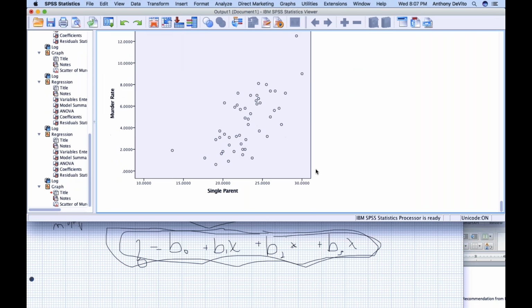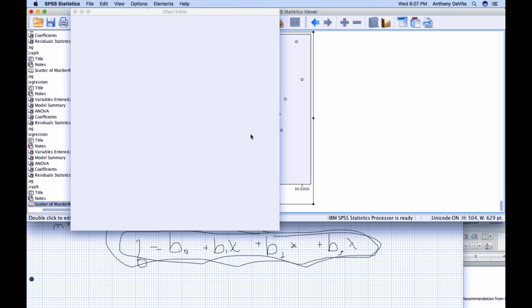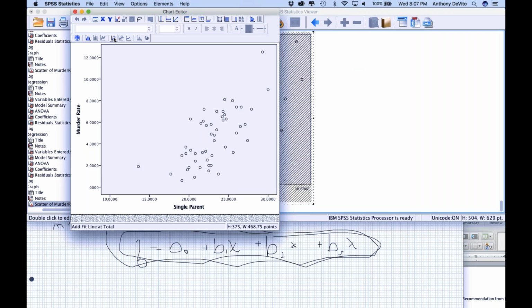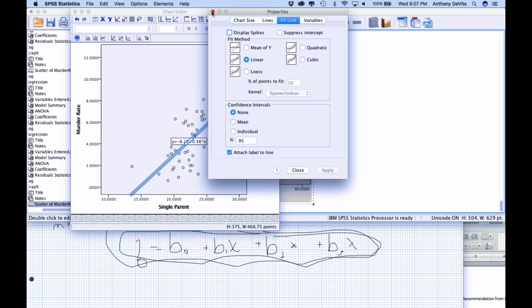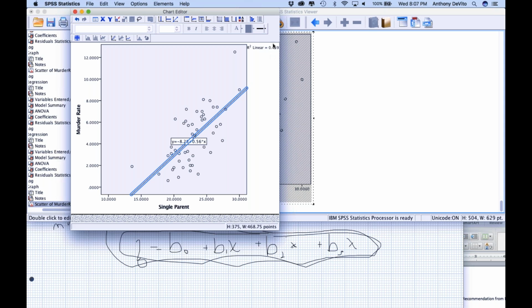Well, wow, that looks like a lot better association than the ones that we saw before, we can actually see a much stronger correlation here, can't we? Okay, even graphically, even just looking at it graphically. And a large percentage of the variability in the murder rate, a large amount of that is predicted by the percentage of single family homes in the different states.